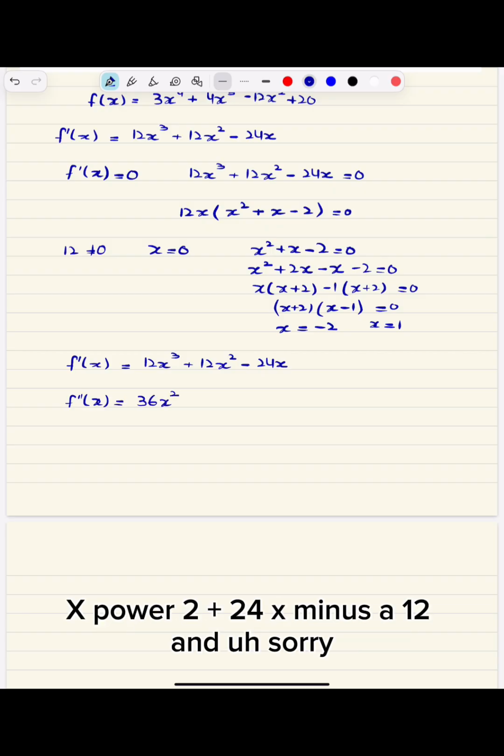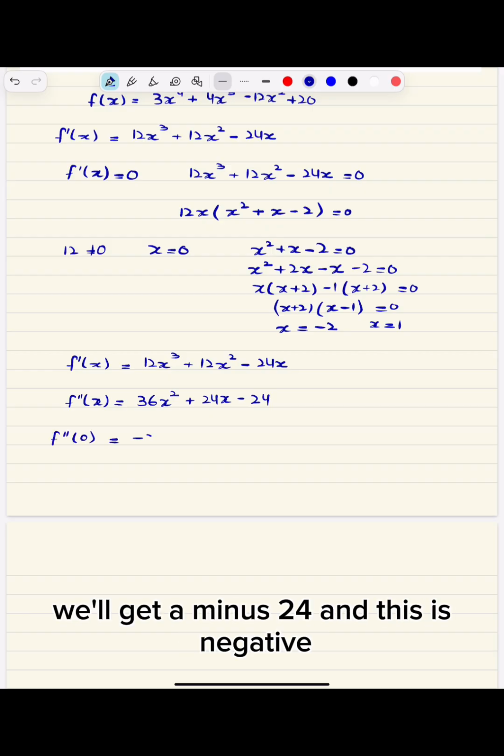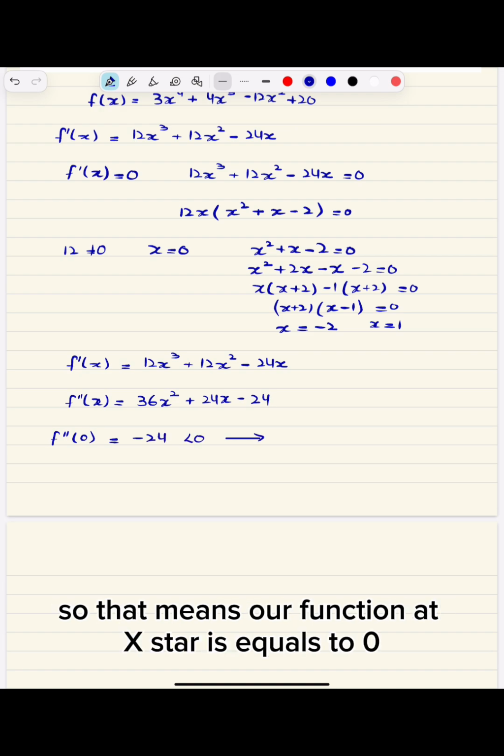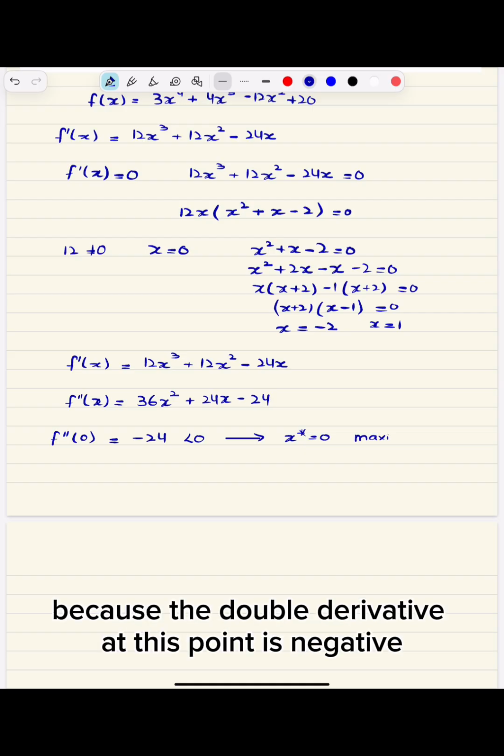Okay, so the second derivative is going to be 36x^2 + 24x - 24. And when we plug in the value 0, we'll get -24, and this is negative. So that means our function at x* = 0 is being maximized because the double derivative at this point is negative.